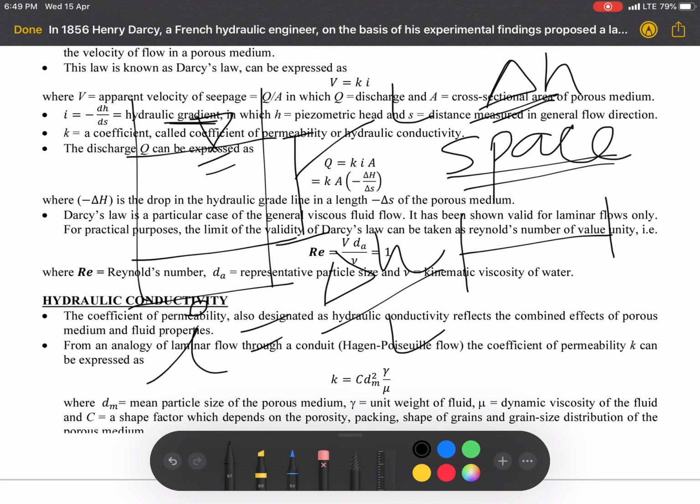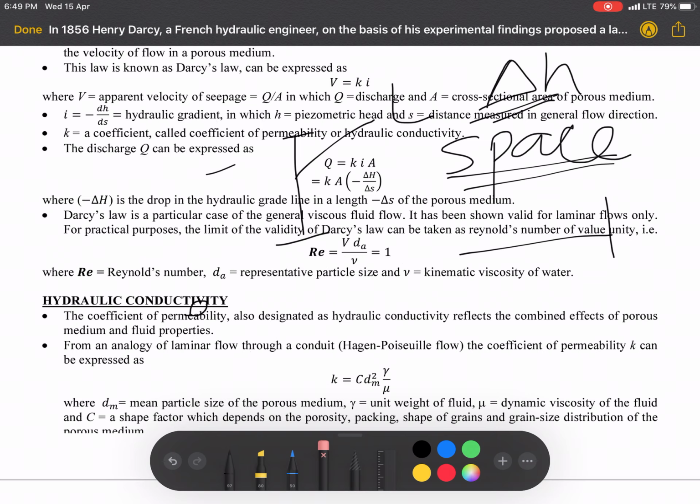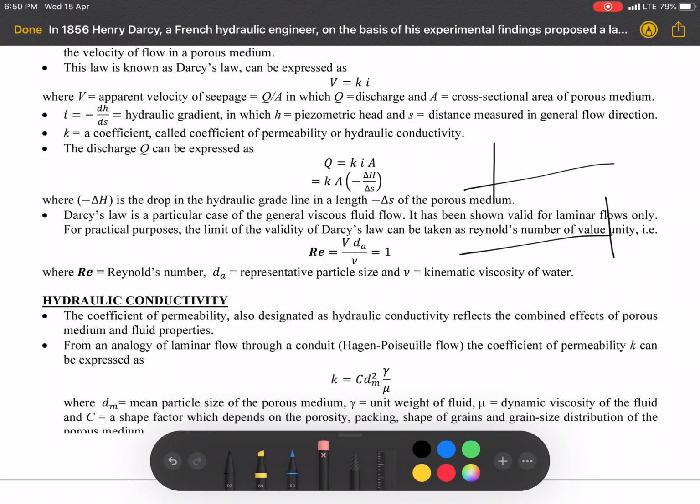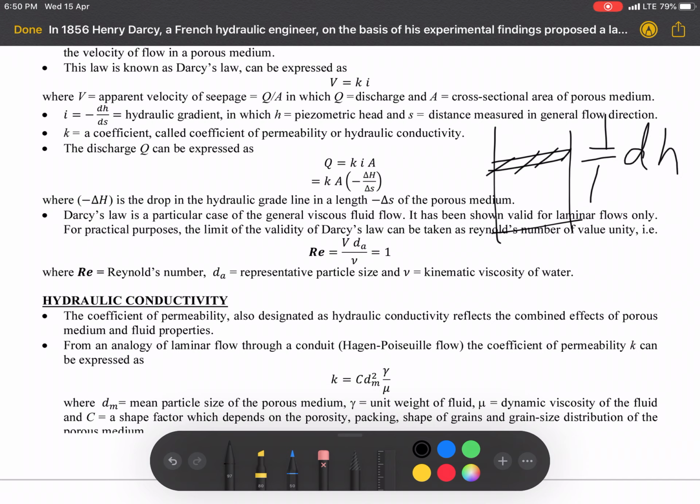For a very small infinitesimal layer, the head loss will be very small, let's say dH, and the layer thickness is ds.